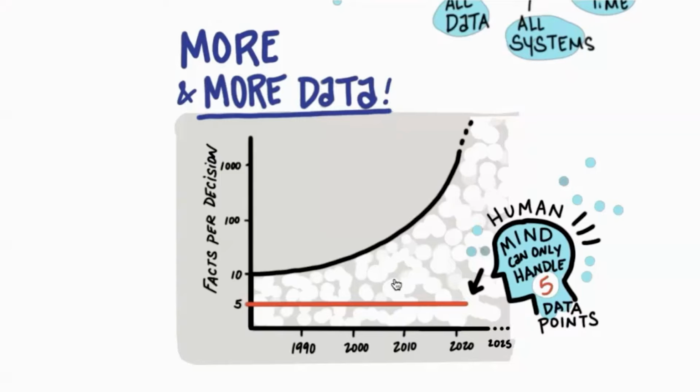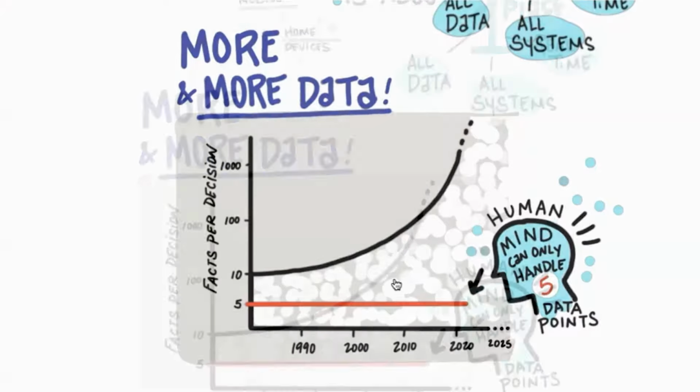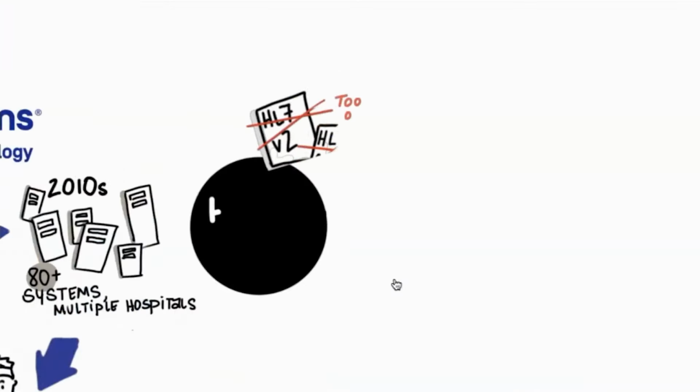I like to think I can do 8 or 9, but I was behind in 1980, and now, like everybody else, I'm hopelessly behind. So that is the challenge we face, and obviously the only solution to that is to have computers that can help us with those decisions, which involve 1,000 facts instead of the 5 that we're capable of handling.